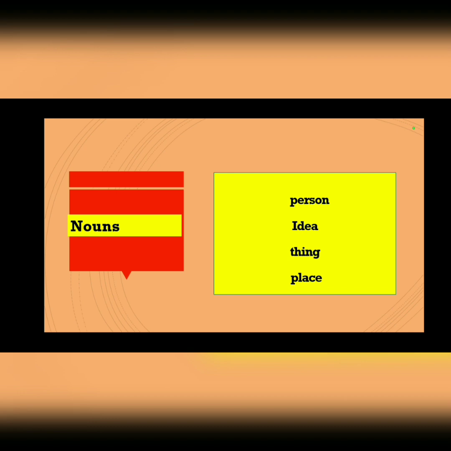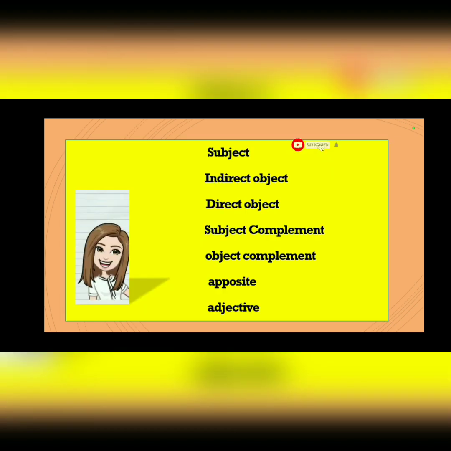A noun is something that names something such as a person, an idea, or a thing. In a sentence, a noun can play the role of a subject, an indirect object, a direct object, a subject complement, an object complement, and an appositive or an adjective.